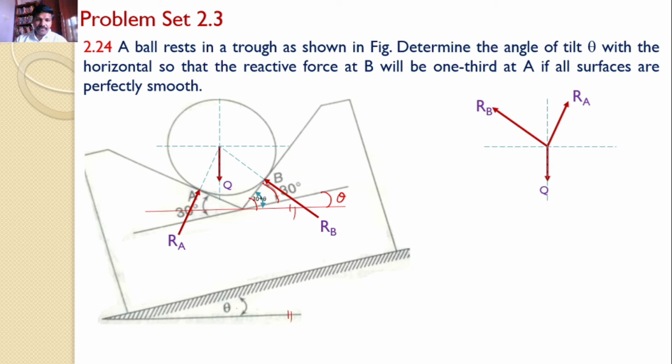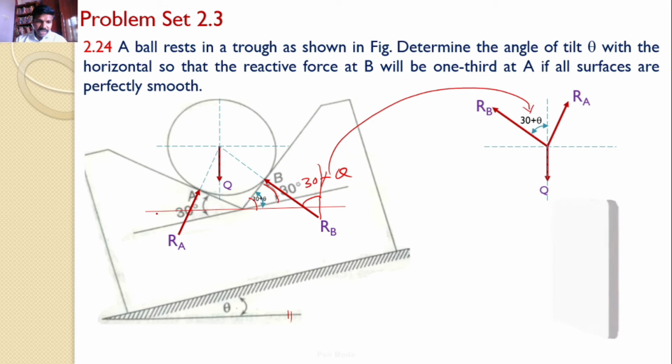Now, if this surface makes an angle 30 plus theta with the horizontal, its perpendicular makes an angle of 30 plus theta with the vertical. So this becomes 30 plus theta. This becomes 30 plus theta. Now similarly look at this. Now this surface makes an angle 30 like this.